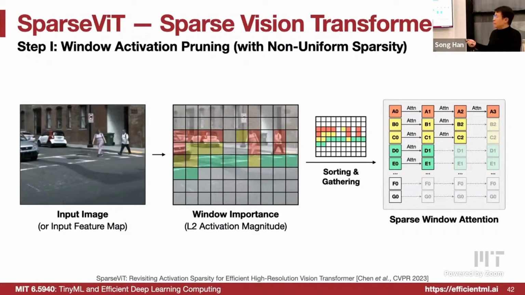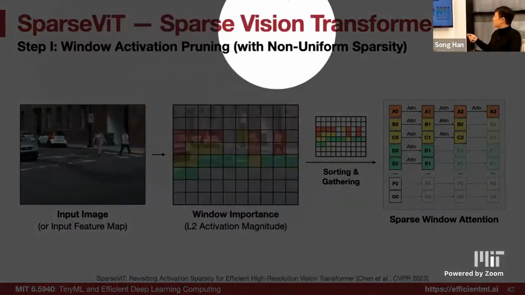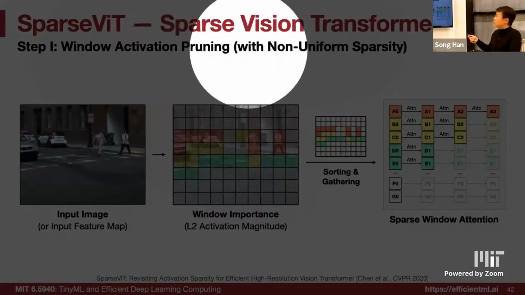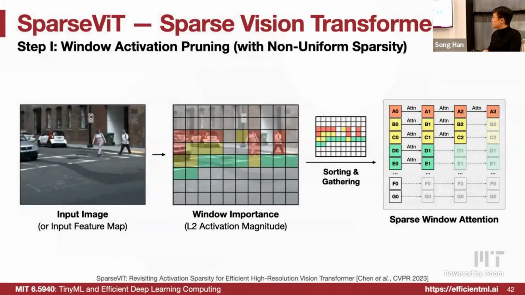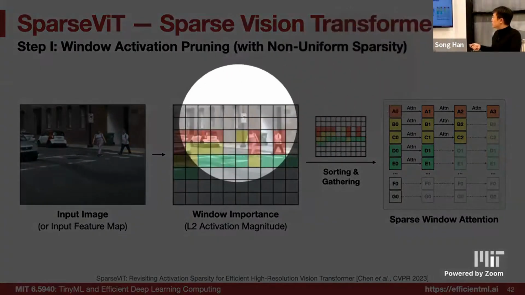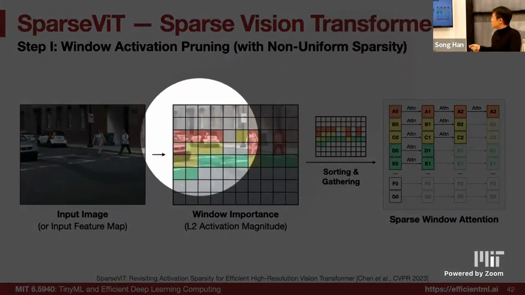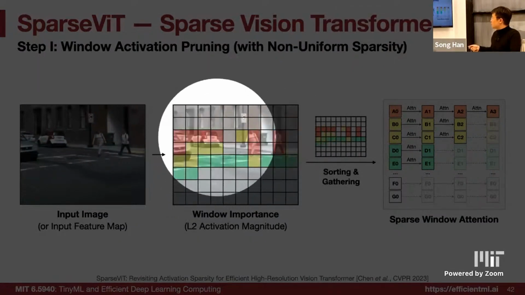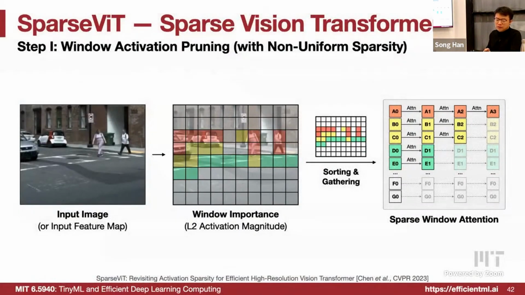So the first step about sparse ViT, which is sparse vision transformer, is to apply this windowed activation pruning with non-uniform sparsity. So we prune away those redundant regions and only keep these useful areas, like the person here, the cars right here, which are the important windows.